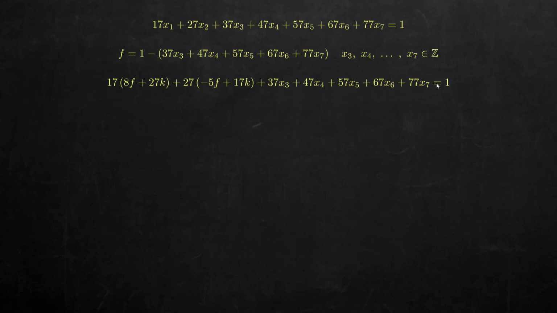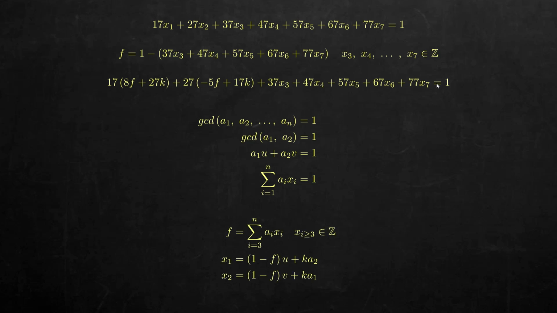So we only have to find x1 and x2 solutions to the Diophantine equation 17x1 plus 27x2 equal 1, and choose any other number for x3, x4 up to x7. And this is true as long as there are at least 2 coprime elements within the set of integers ai, as we see here.